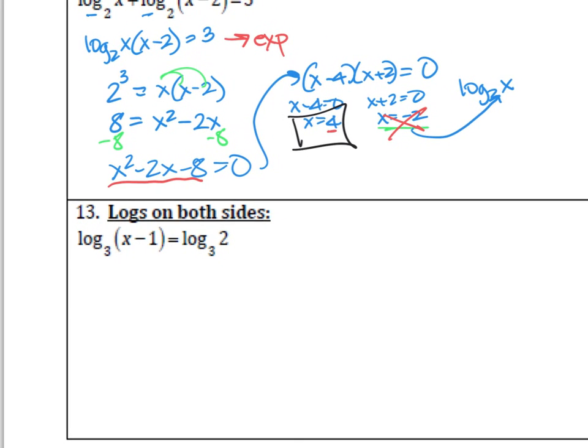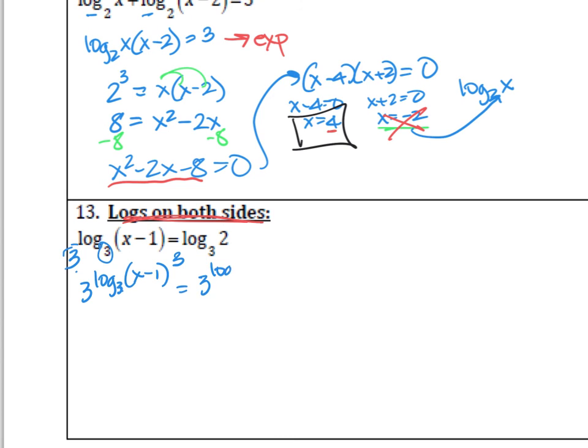One more to do. In this situation, we have logs on both sides. A lot of times students want to say, oh, they just cancel out. Well, the actual reason is we're going to exponentiate both sides. And when you do that, you always want to have the base that you're exponentiating at the same base as the log.